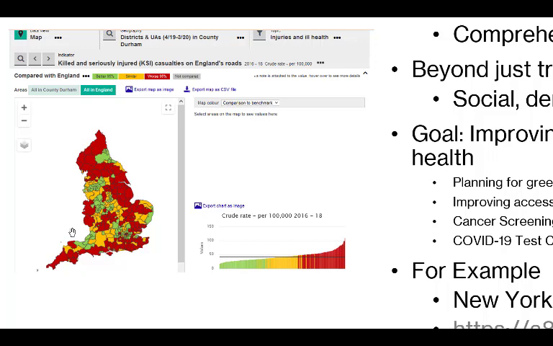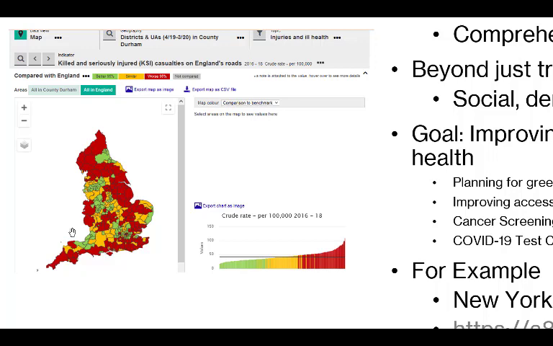So this is just a snapshot for England, and you can see the places. These are crude rates of people killed or seriously injured on the roads in England, not the United Kingdom, so excluding the other home countries.